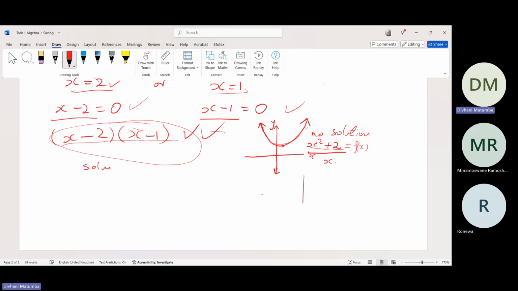But there are also some graphs whereby it will only cut once. So how do you think the solutions will look like? Let's say it's cutting at 1.